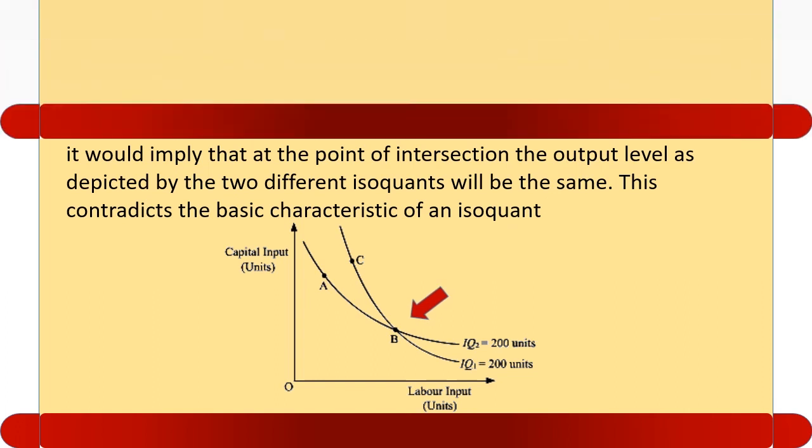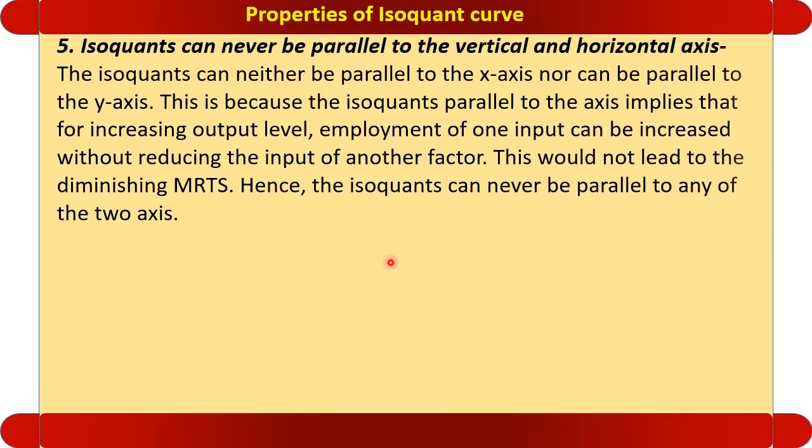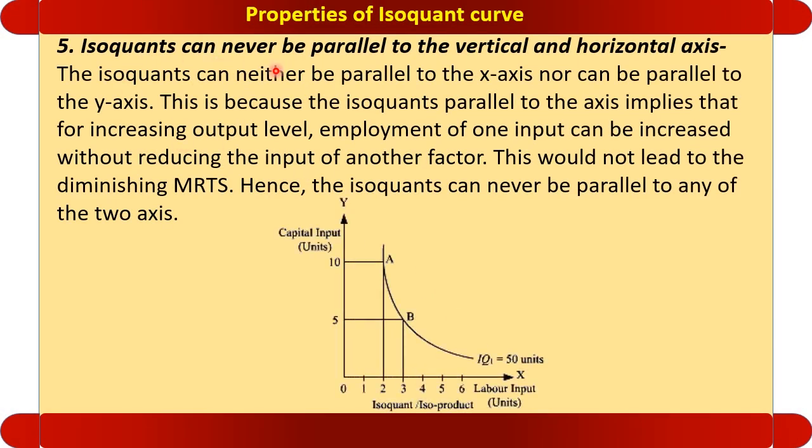Let us see the next property, that is, an isoquant curve can never be parallel to the vertical or the horizontal axis. Listen, parallel to the vertical axis or the y-axis means what? It means that we are only increasing the capital and not increasing the labor, which is impossible. Why?